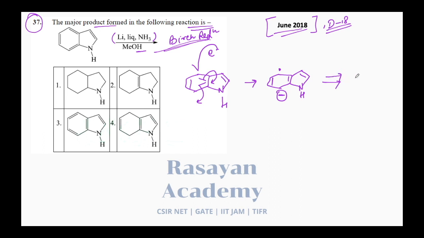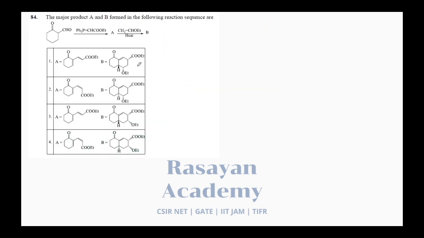And after several steps you are going to get this product reduction over here. All right, you can follow the mechanism of Birch reduction. Very simple. Your answer is option number 4 for this particular question. Very simple, guys.